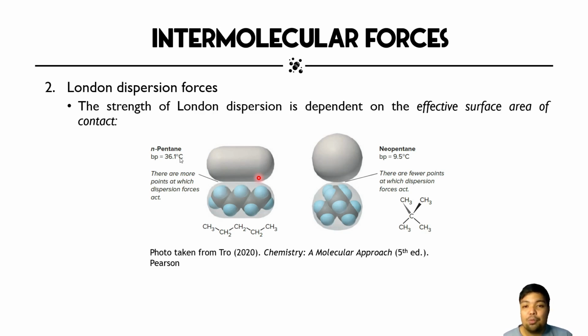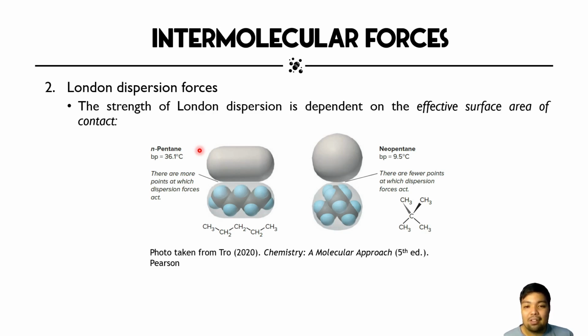Remember that in order for London dispersion forces to occur, the instantaneous dipole of one molecule should effectively induce the instantaneous dipole to other molecules in the bulk, and that instantaneous dipole can only be induced from one molecule to the other if they have effective surface area of, if not in close contact, at least a close proximity with each other para may ara sa London dispersion force, para may ma-form nga instantaneous dipole.